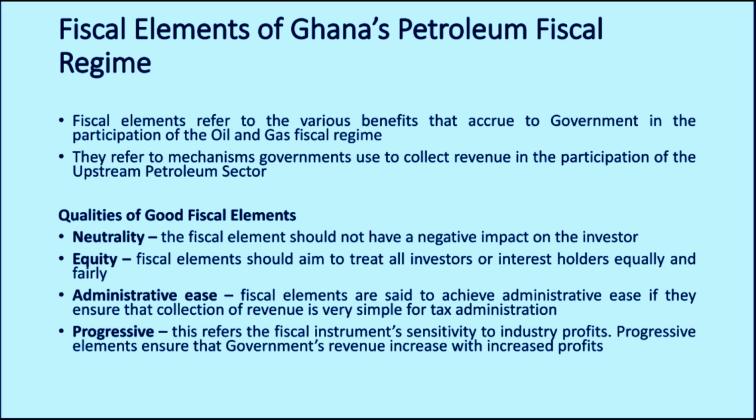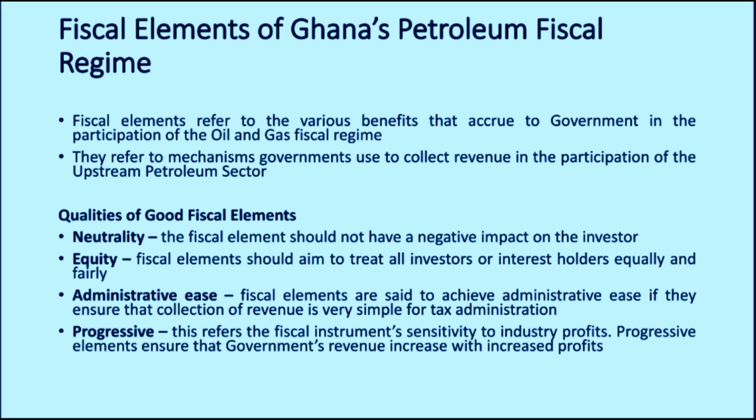Now, what are the fiscal elements that exist in Ghana's petroleum fiscal regime? Fiscal elements refer to the various benefits that accrue to government in the participation of the oil and gas fiscal regime. They refer to mechanisms government uses to collect revenue in the participation of the upstream petroleum sector.